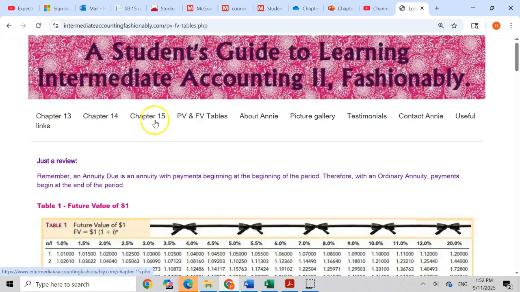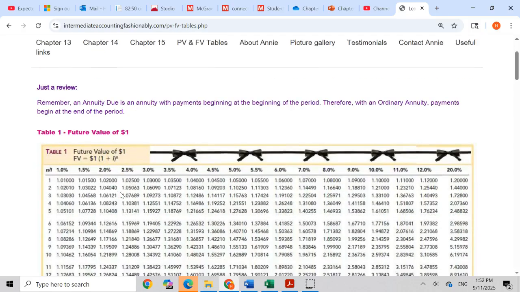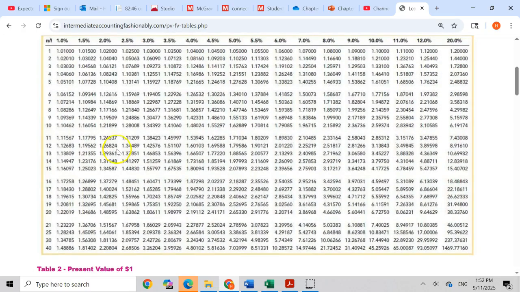I just clicked on that, and it gives you these tables. You see this says table 1, future value of $1, and over here you can see it has that formula of $1, meaning that's our capital I, or our principal amount, times 1 plus little i, which is our interest per compounding period, to the nth power, right? And you see this huge table, which I'll show you how to use.